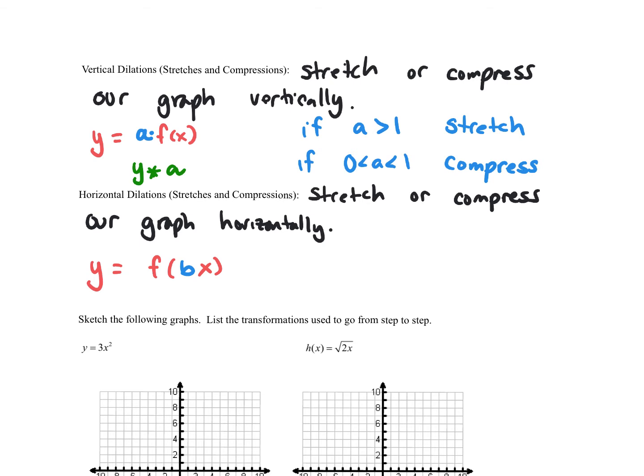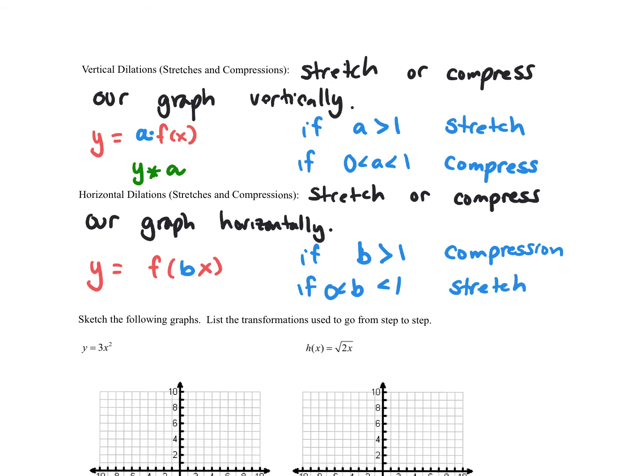But a horizontal one is going to work really backwards, just like a horizontal shift works backwards. So if b is greater than 1, it is a compression horizontally. And if b is between 1 and 0, it is going to stretch it.